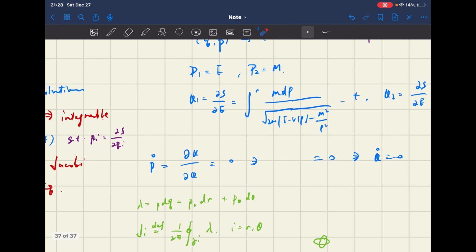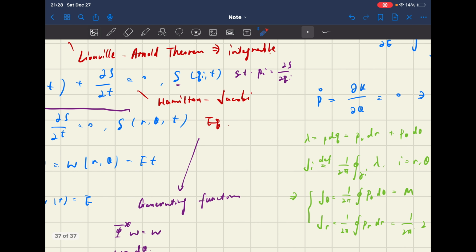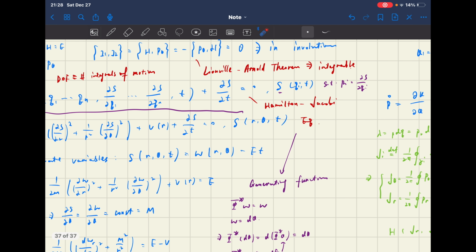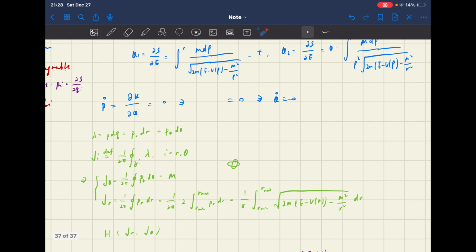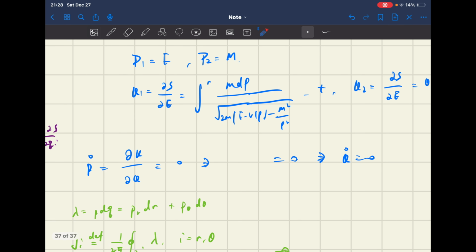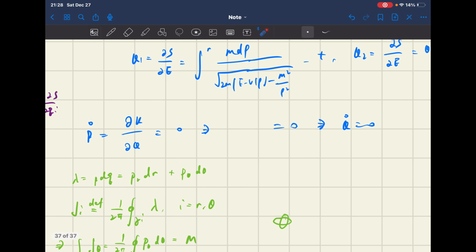Why is that? Since we just let the new Hamiltonian K be 0, because in the Hamilton-Jacobi equation this is actually the new Hamiltonian, we let this be 0. And we also have these conserved quantities: both P1 and P2 are conserved. So in the new Hamiltonian system, the partial of K, the new Hamiltonian, over partial of Q is equal to the derivative of P, and it is equal to 0.